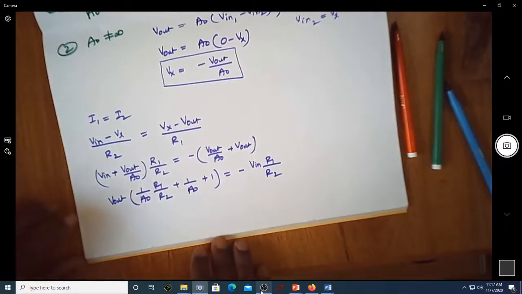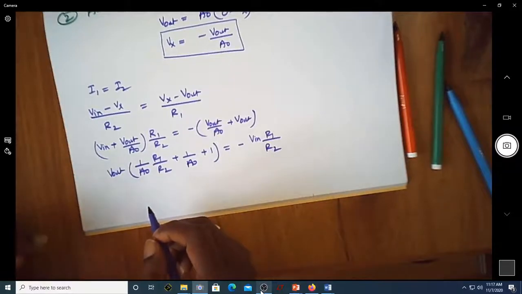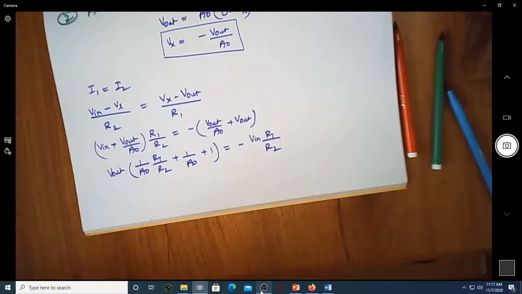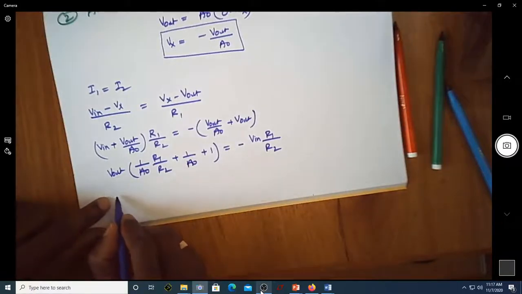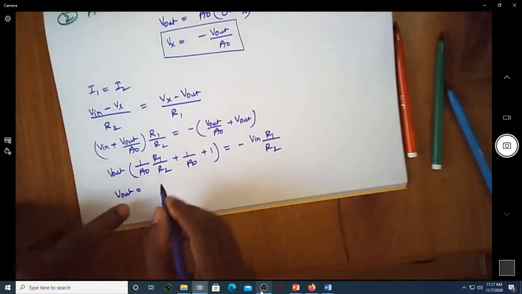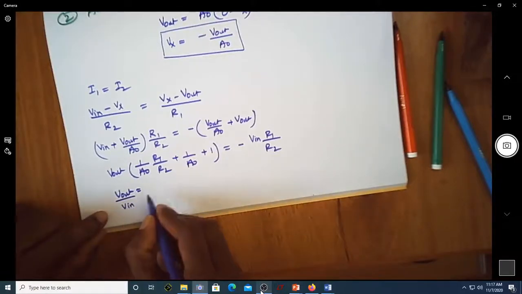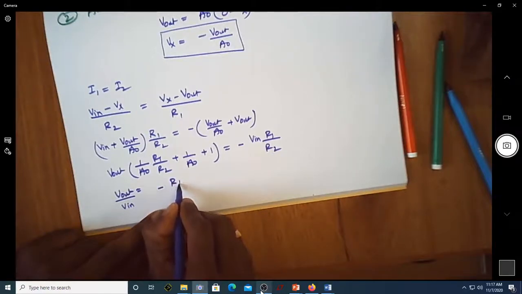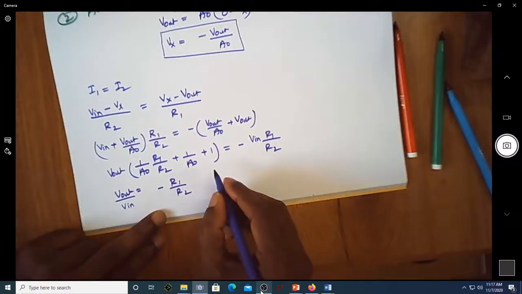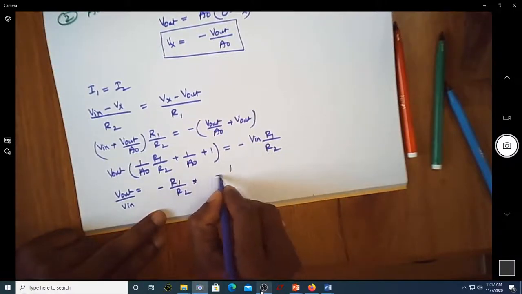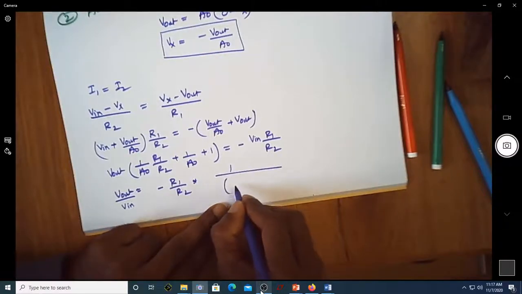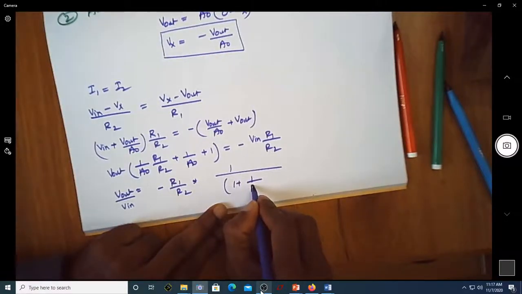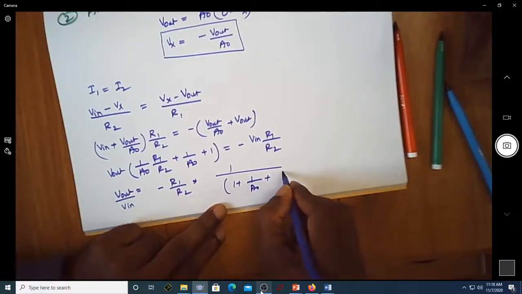So I can now write V out by V in as equal to minus R1 by R2, whole multiplied by 1 over (1 plus 1 over A0 plus 1 over A0 times R1 by R2).